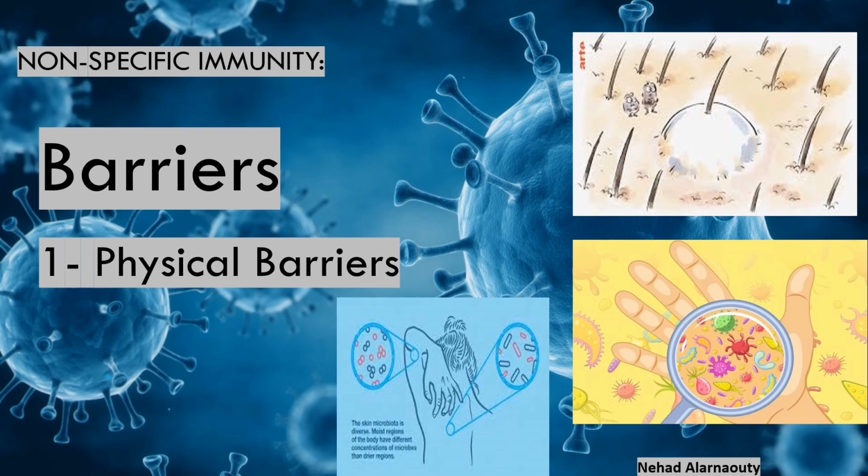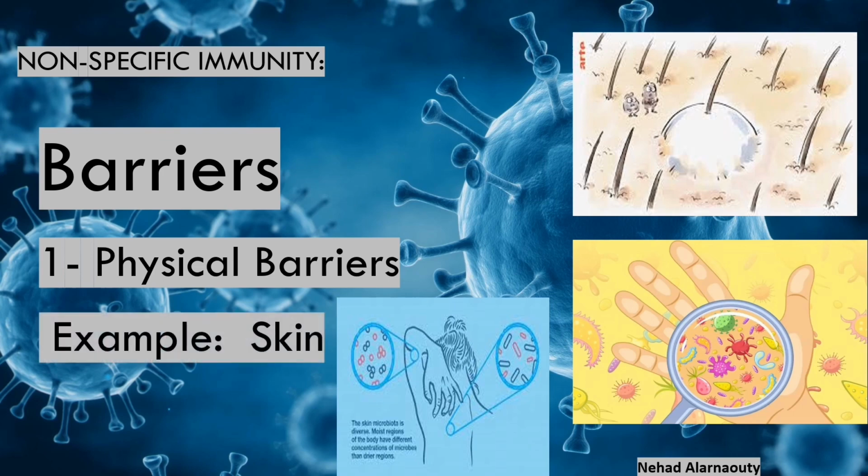You have two types of barriers: physical barriers and chemical barriers. So obviously, the physical barrier is the skin. The skin is the largest organ that you have, and it covers all your body cells, muscles, tissues, organs and organ systems.